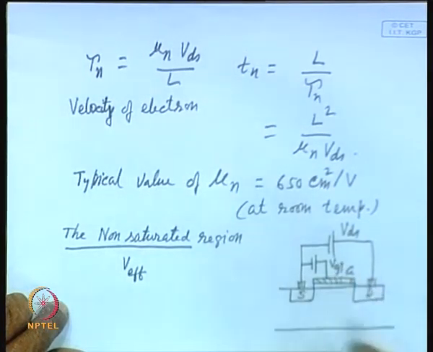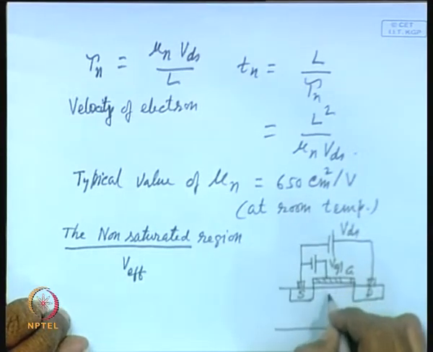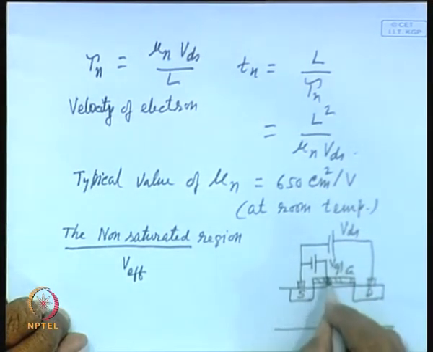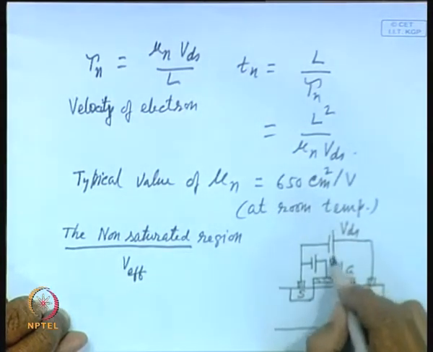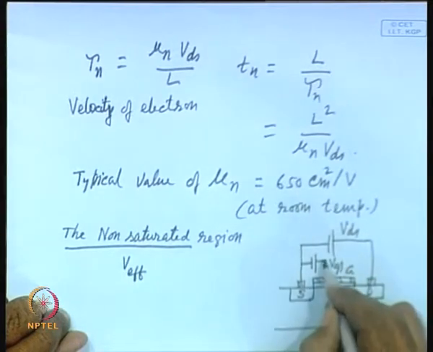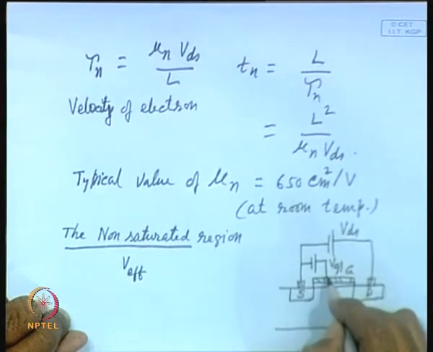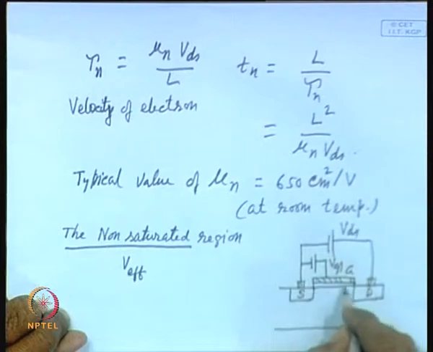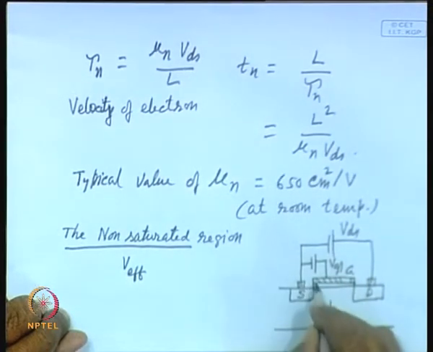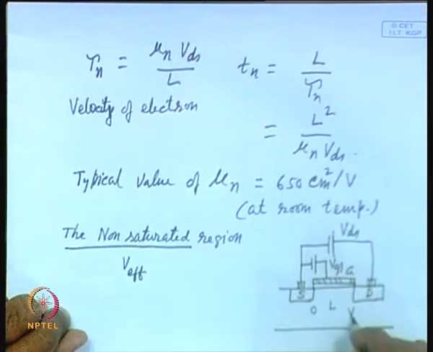Now, although you are applying a voltage VGS between the source and gate, the effective voltage across the channel is not the same, because the drain voltage that you are applying is interacting with the voltage that you apply at the gate. The voltage VDS will be across this length L; here the voltage is 0 and here the voltage is VDS.